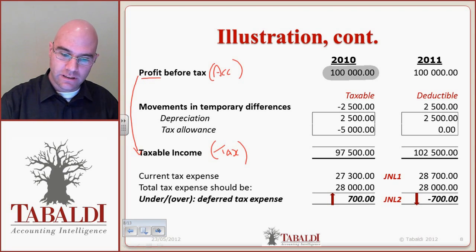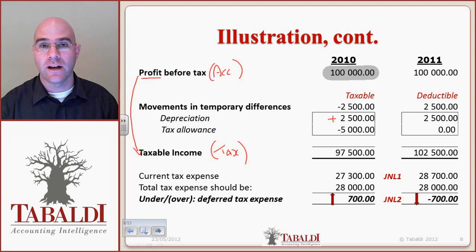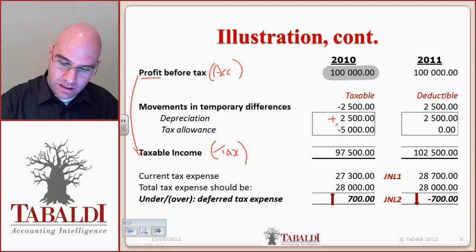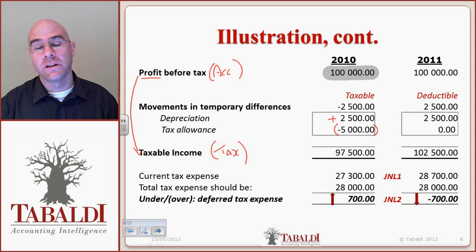So the first thing to consider is my depreciation. I will add back the depreciation of 2,500 that was already included as an expense in the 2010 profit before tax of 100,000. However, the tax allowance, tax expense for want of a better word, was 5,000 Rand.